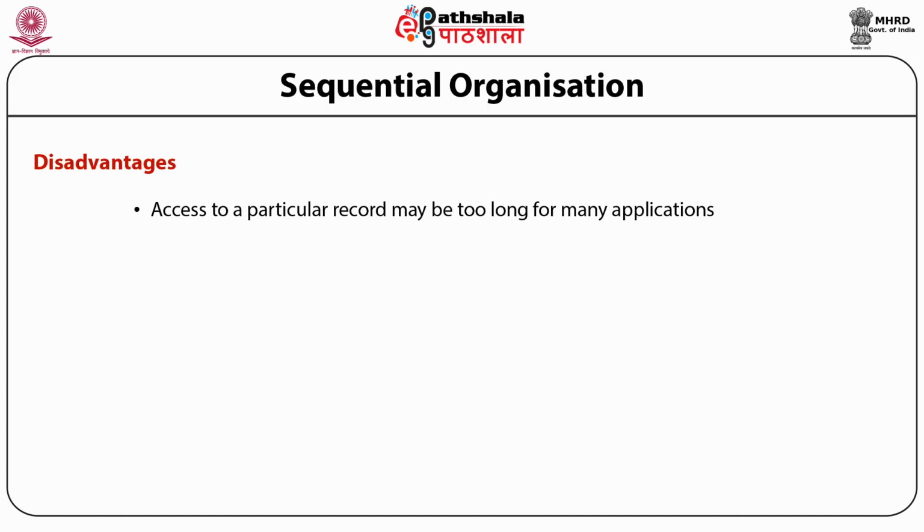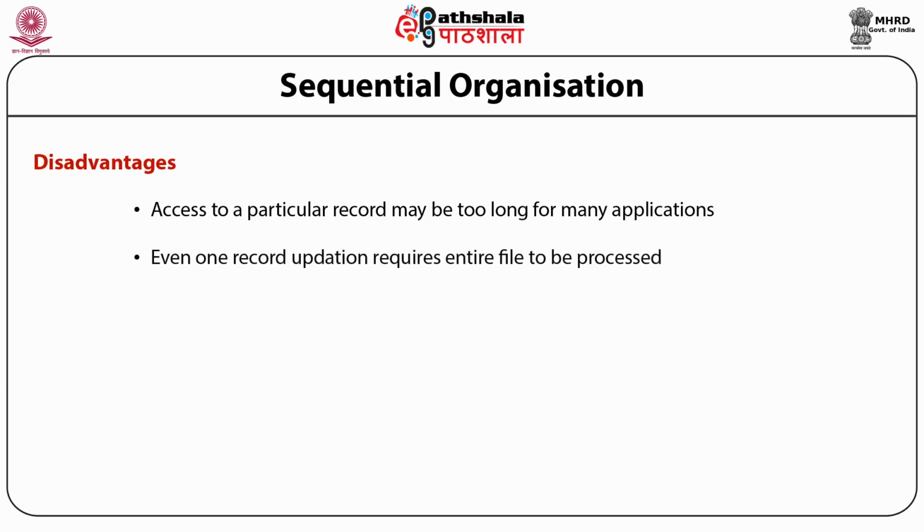Since you have to read records in a sequence, it takes more time to read a particular record, particularly if the record is last in the sequence. You have to cross all the previous records to access that particular record. So it takes more time while reading on a sequential storage organization.